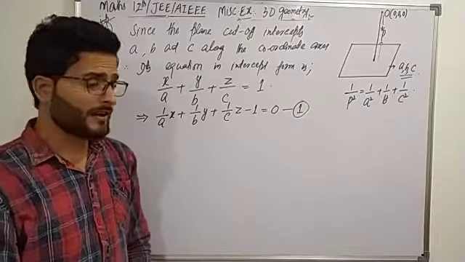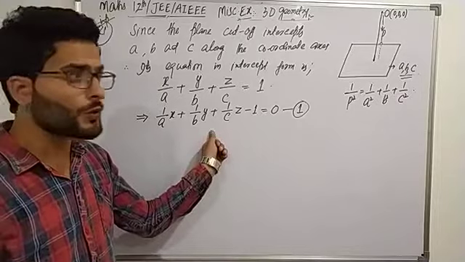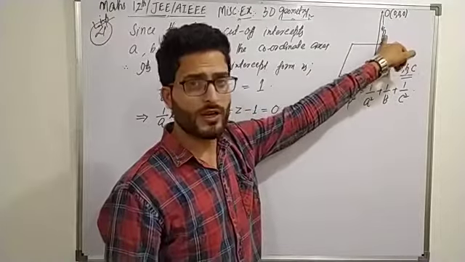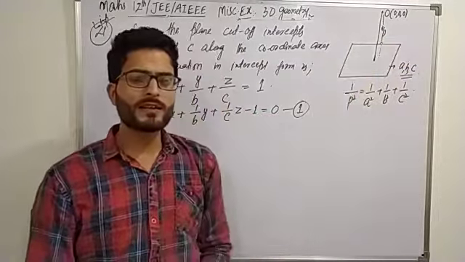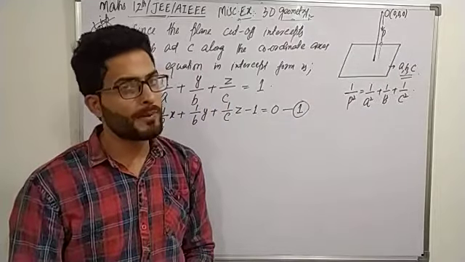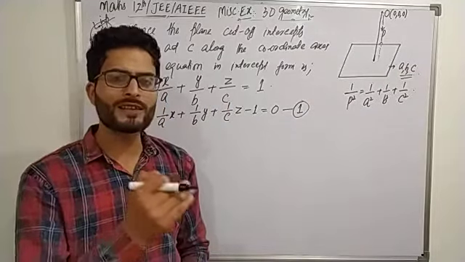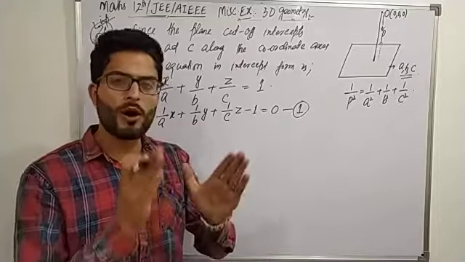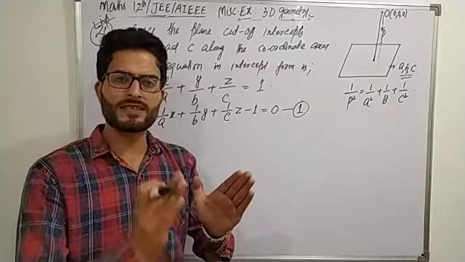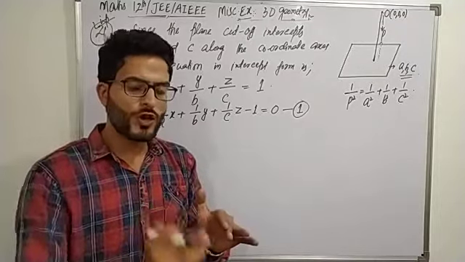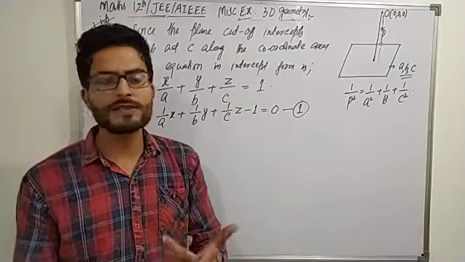Now it is given that this plane is at a distance of p units from the origin. So we will apply the distance of a point from the plane. The distance of a point from the plane is mod of ax1 plus by1 plus cz1 plus d divided by square root of a square plus b square plus c square.